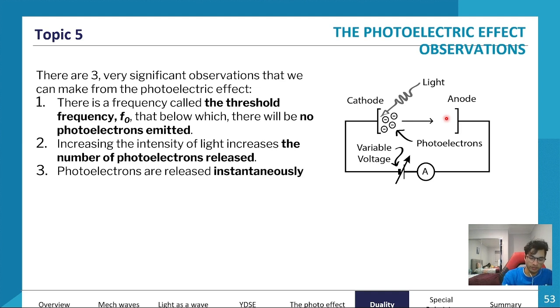That's not the case because of something called the threshold frequency. Threshold frequency is what I like to call the get out of bed energy. Let's say that the threshold is 100 joules.